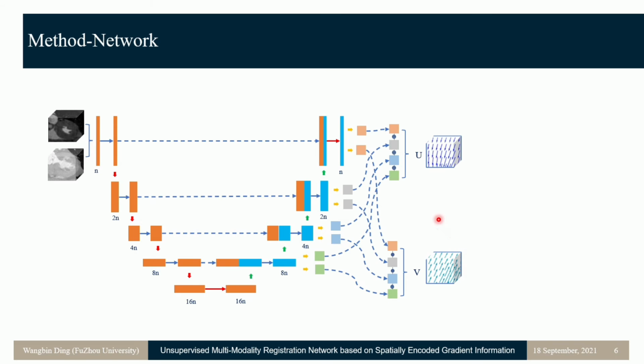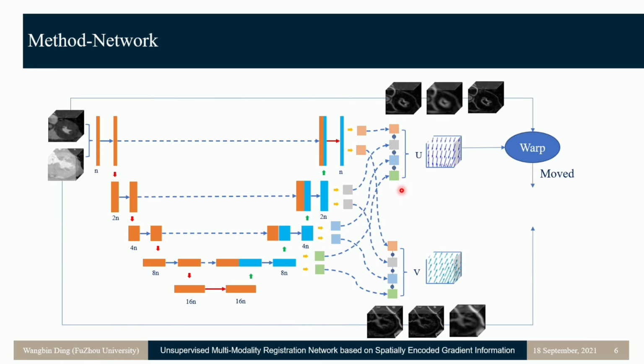To train this neural network, we construct a loss function based on the proposed spatially encoded gradient information. Since they are structure representations of the original medical image, we can train this neural network by minimizing the structural difference between the moved and the fixed image.